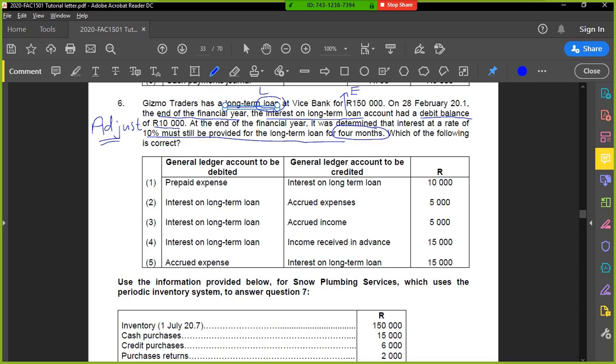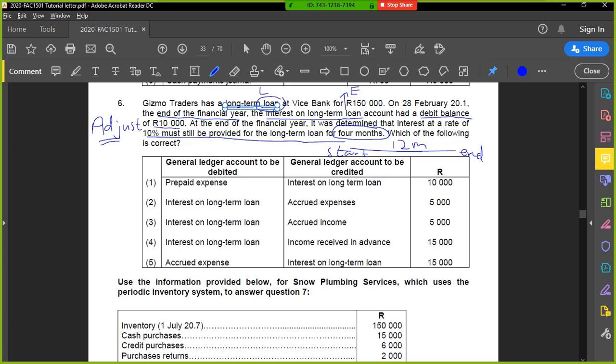Remember, we spoke a lot about diagrams yesterday. Start of the year, end of the year. Even with simple examples like this, you need to look at the financial year. How long is the financial year? 12 months. Good. So are you going to have to show interest for 12 months if you've had the loan for 12 months? Yes. Correct.